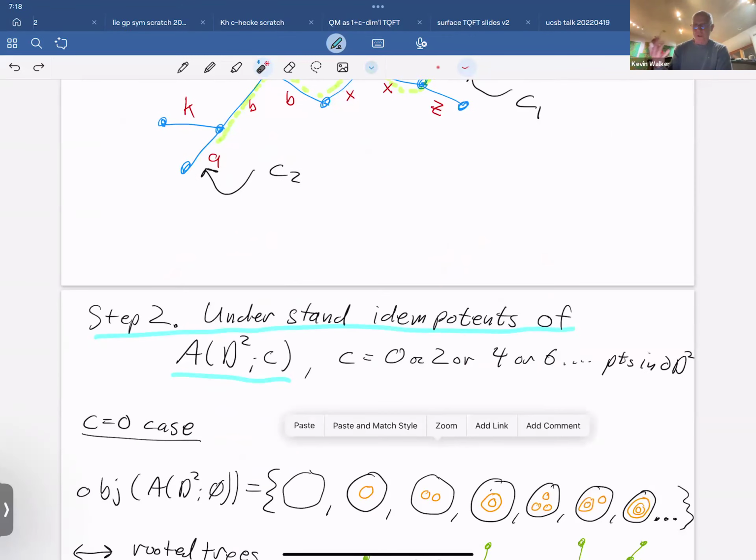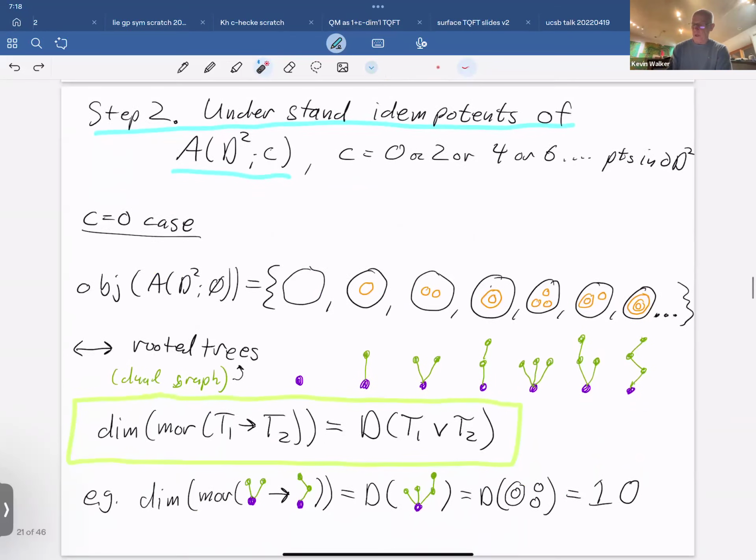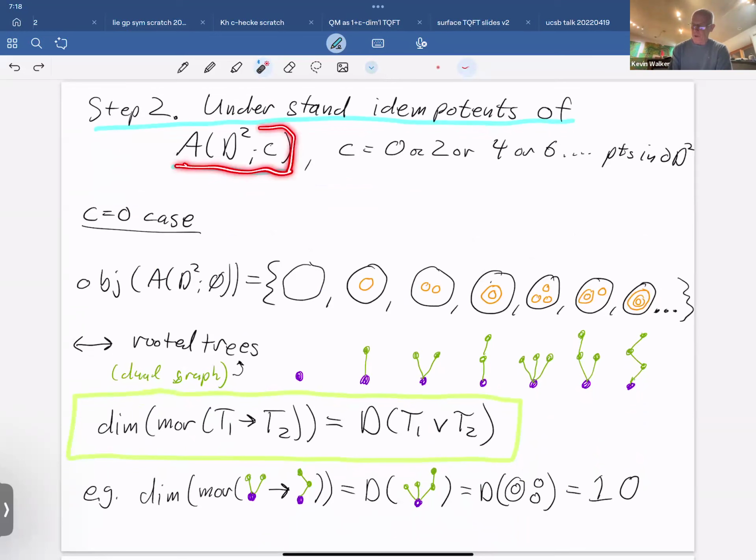Okay, so now that we understand the spaces for a 3-ball, the next thing we want to do is look at idempotents of, say, the category associated to a disk with a boundary condition. So recall that, just by general TQFT stuff, we're going to have a category for any surface. The simplest surface I can think of is a disk, but the disk has boundary conditions, some even number of points in the boundary.